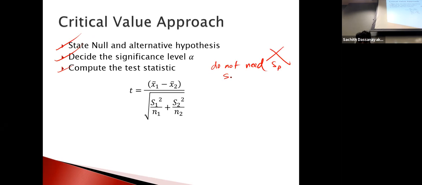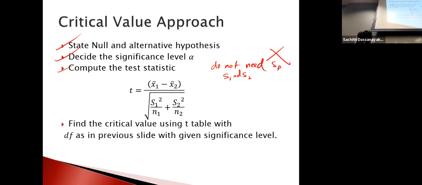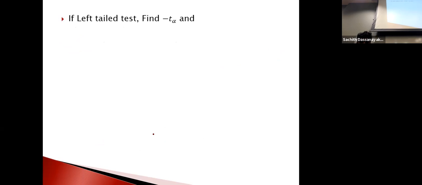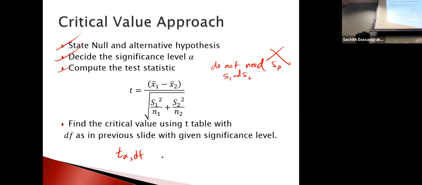You need S1 and S2, which you can calculate or find from your problem. Then find the critical value using the T table, which means T alpha comma your degrees of freedom. How do you find the degrees of freedom? Using that giant formula.